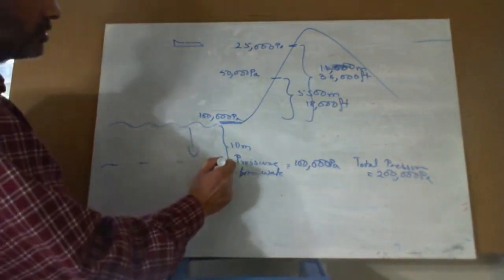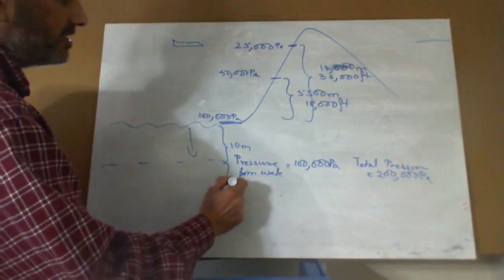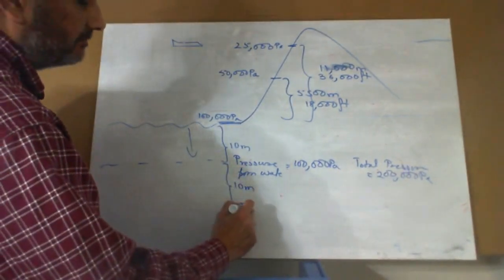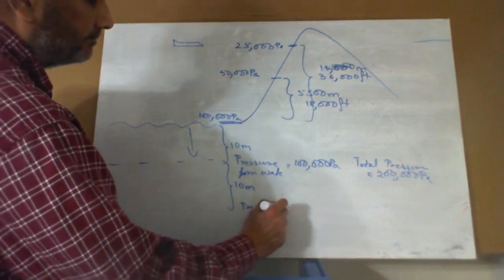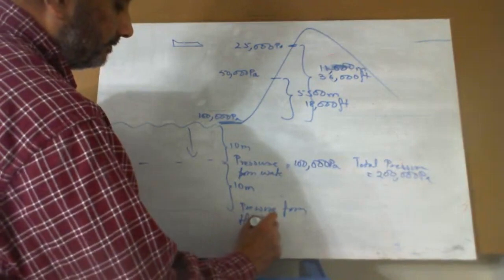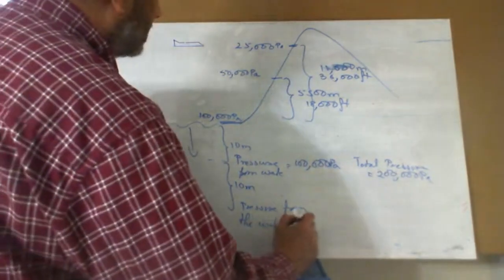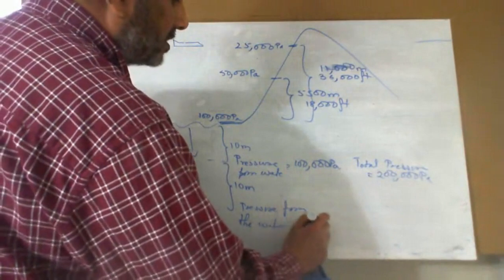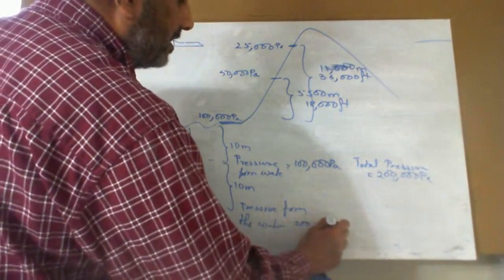If you go to a depth of another 10 meters, total of 20 meters, the pressure from the water will now be approximately 200,000, right? Because 20 meters of water.